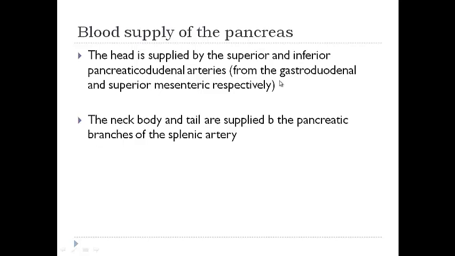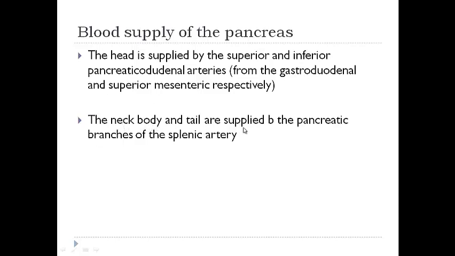Remember that the superior pancreaticoduodenal artery is a branch of the gastroduodenal, which comes from the hepatic. The inferior pancreaticoduodenal artery is a branch of the superior mesenteric. These two were lodged in the C-shaped curve between the head of the pancreas and the duodenum, and so they end up supplying the head of the pancreas.